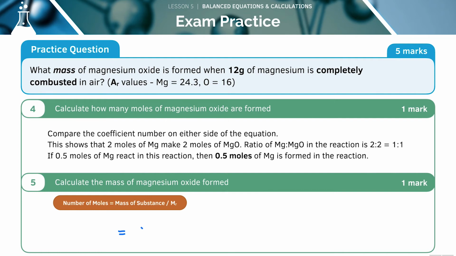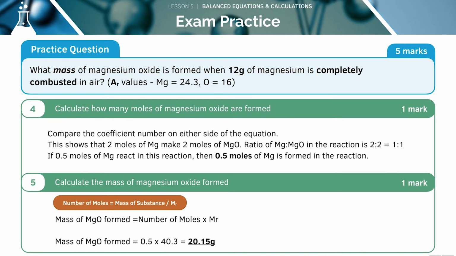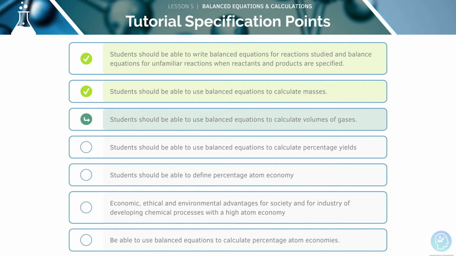Which in this case, we'd rearrange it to give us 0.5 times 40.3, giving us 20.15 grams.